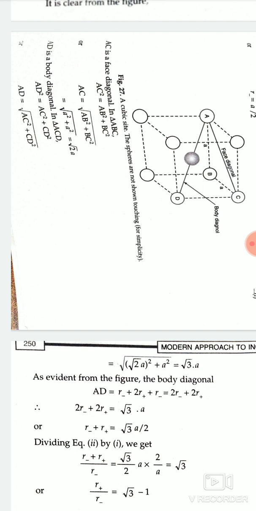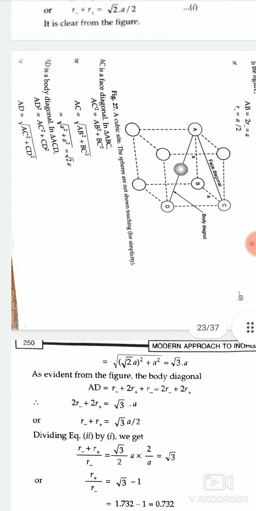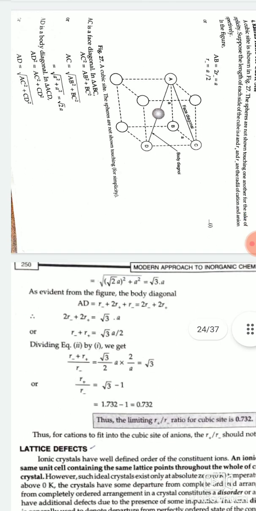AC is a face diagonal in triangle ABC. AC square is equal to AB square plus BC square, or we can say that AC is equal to under root AB square plus BC square, that is equal to under root a square plus a square, which is equal to √2 a. AD is a body diagonal in triangle ACD. AD square is equal to AC square plus CD square, or we can say that AD is equal to under root AC square plus CD square.